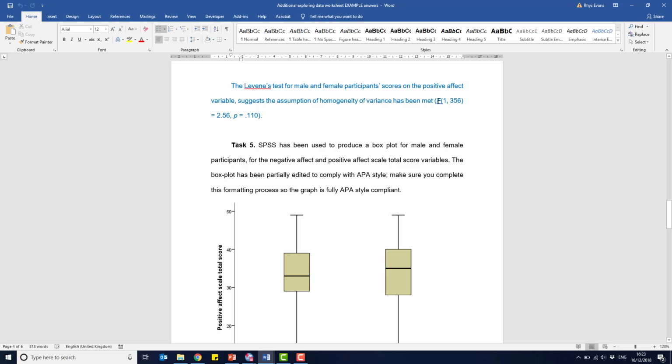So don't worry about that too much now, but what you need to do is to report the two sets of degrees of freedom, which I mentioned in the table, in the output, and you do that in the order in which they're reported. So degrees of freedom 1, degrees of freedom 2, that's what that information is. The value of the Levene's test statistic, which is that, and then the p-value, which was 0.110.